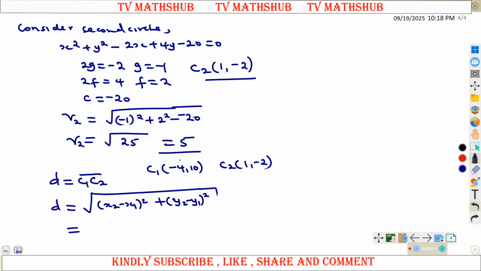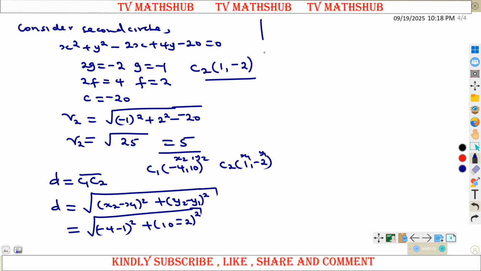So we can let these be x2, y2, then x1, y1. So meaning that we shall have the square root of negative 4 minus 1, which is squared, then you add there 10 minus negative 2, which is squared.